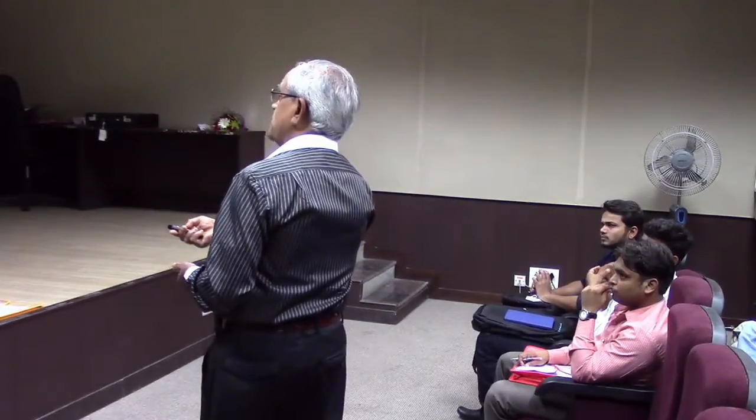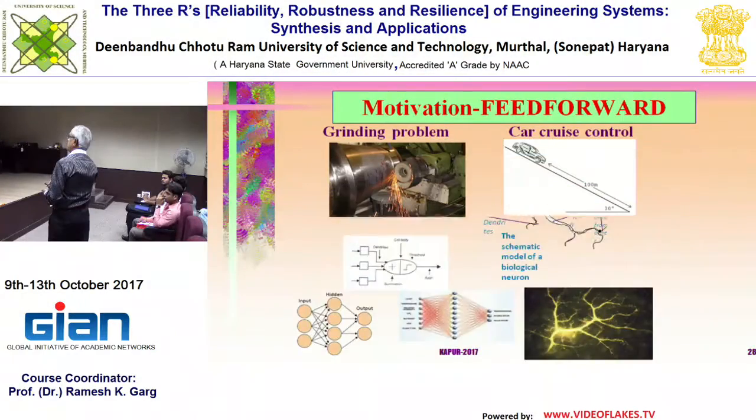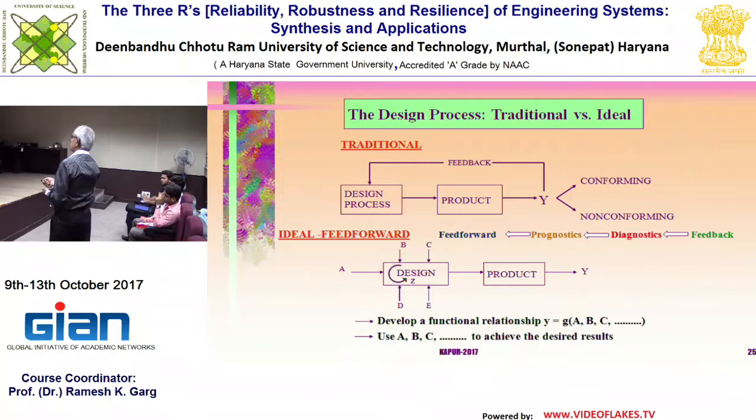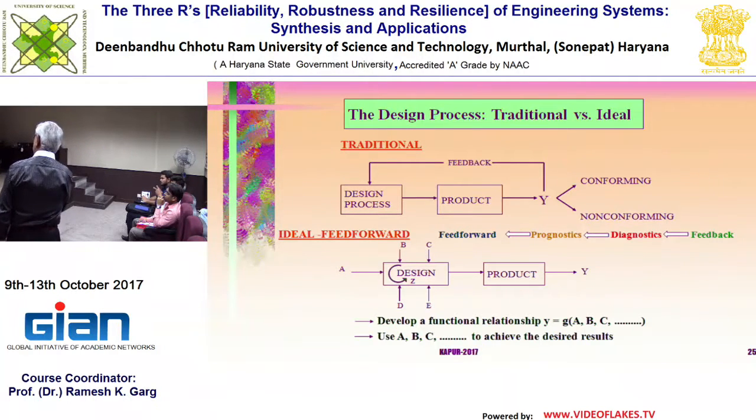So it says that if A changes and B changes and C changes, then Y will change. So then we can develop a mathematical model of A, B, C, D, E, and then you tell me what Y you want, I will tell you what A should be, what B should be, what C should be, what D should be. And I always get the correct Y.